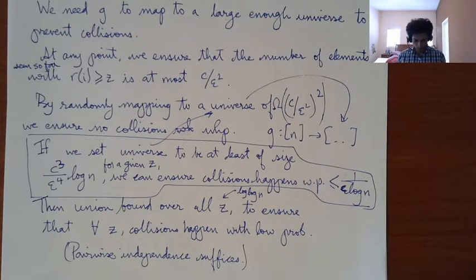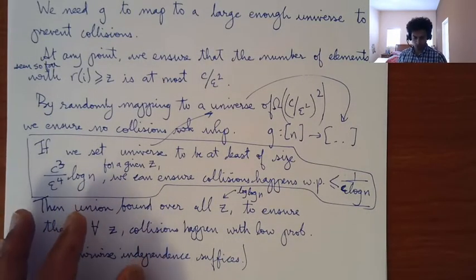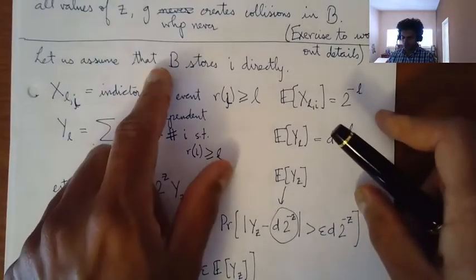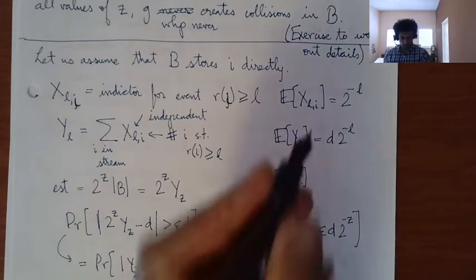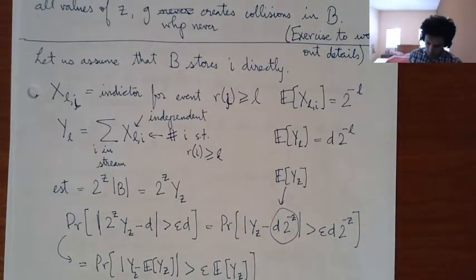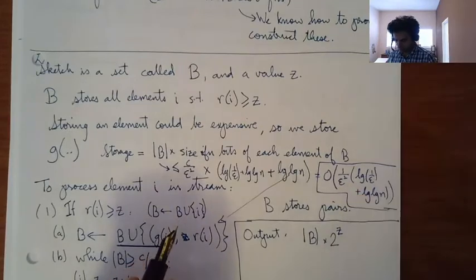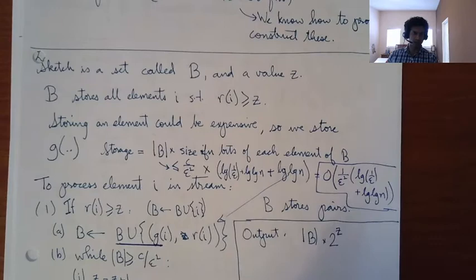Okay. Now, let's just go ahead and assume that these collisions don't happen, in which case we can assume that B stores I directly. Right? So let's just assume that B is just going to store the element exactly, in which case R of I can be computed on demand.